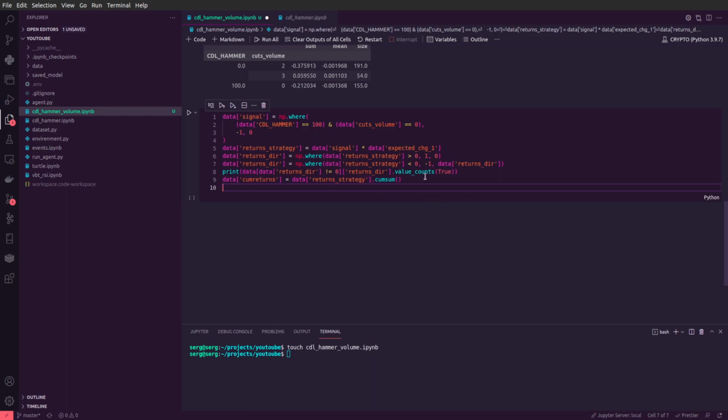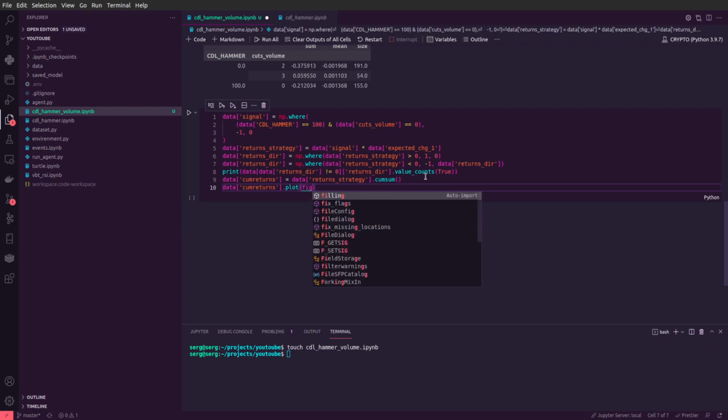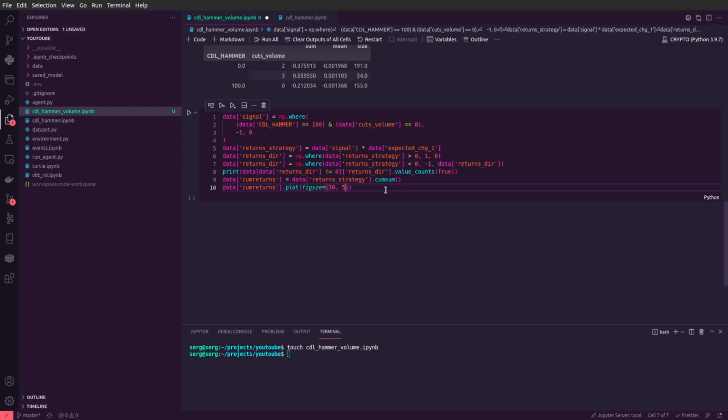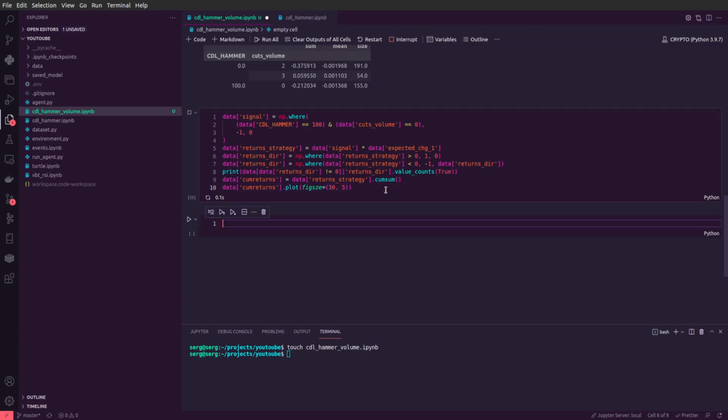And let's plot this information to understand what happens from returns, and I would like to plot this data, and let's change the size of our plot. Figure size would be 30 and 5. Okay, let's do it.